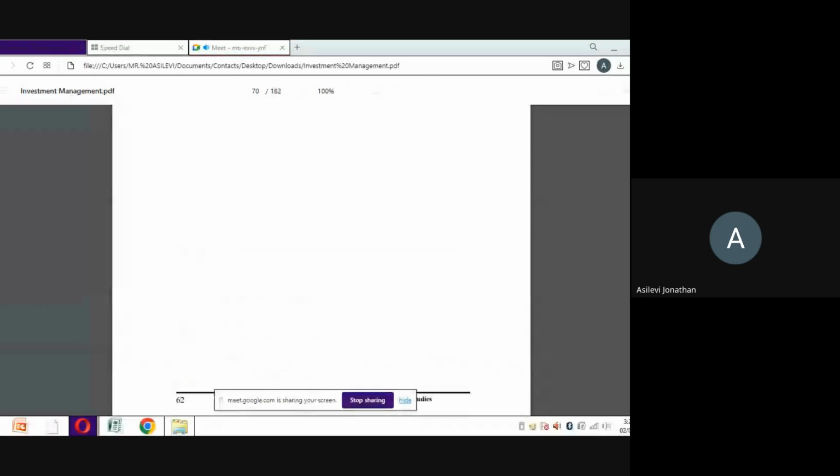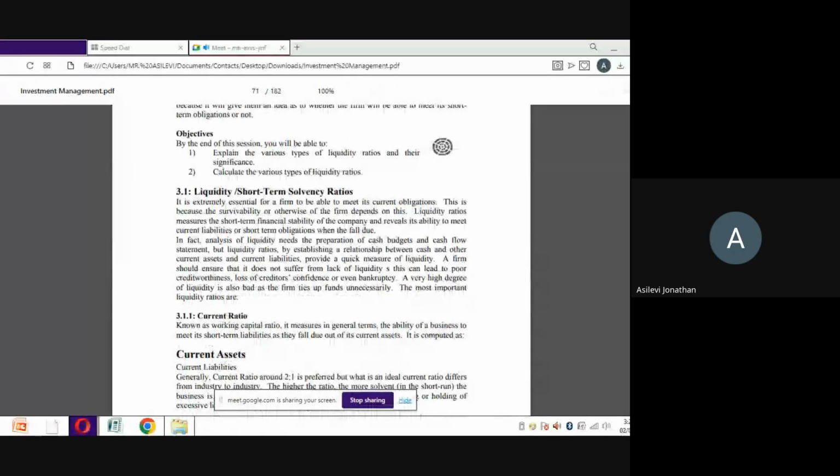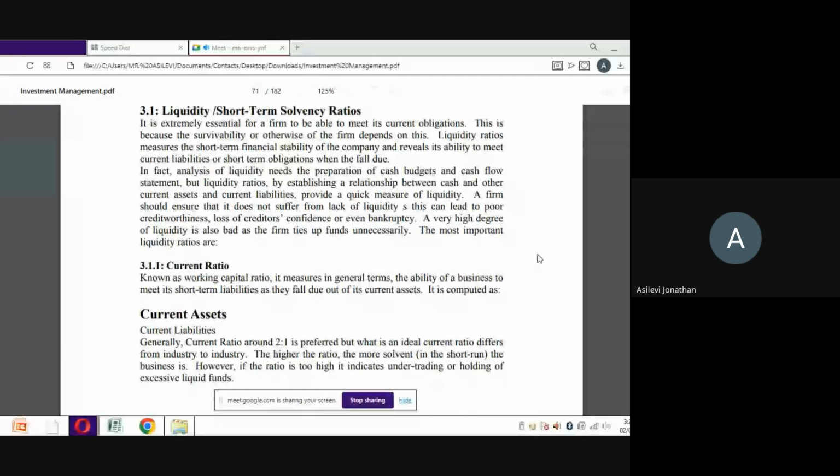In fact, analysis of liquidity needs the preparation of cash budgets and cash flow.